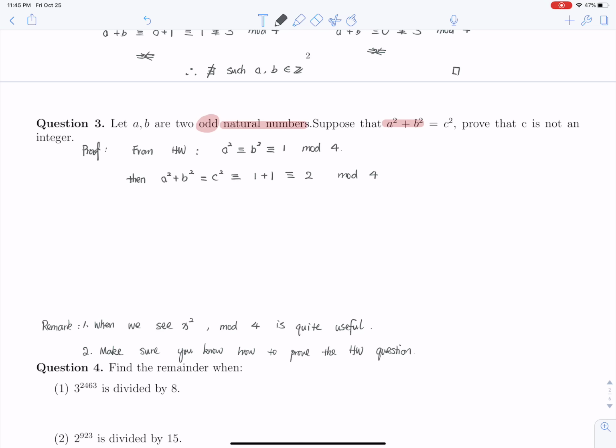Well, in this case, you know that c squared is congruent to 2 mod 4.